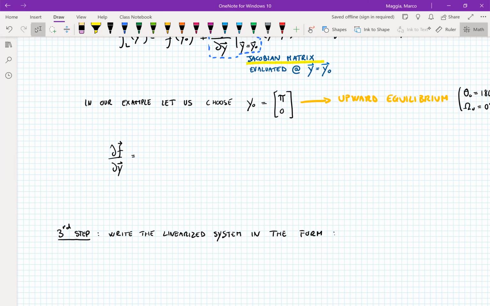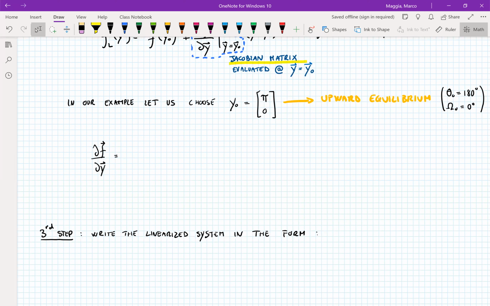So let's get practical here and see actually what it means. First of all, let's choose a reference point for the simple pendulum example. In this case, I'm going to choose the upward equilibrium. The pendulum could technically be balanced upside down.